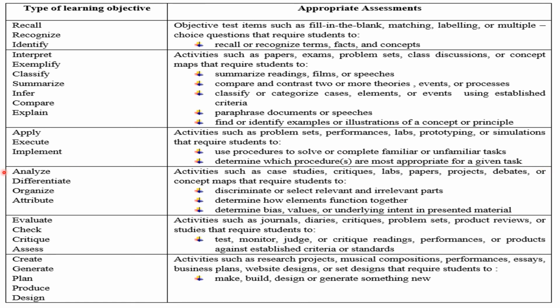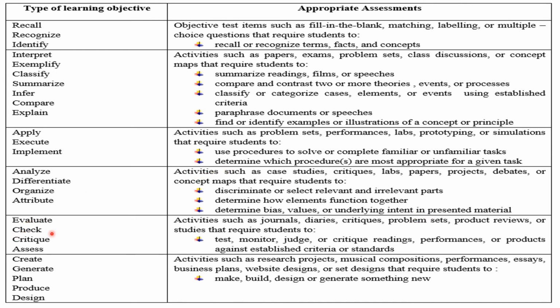Next, we have also analyze. In analyze, we discriminate or select relevant or irrelevant parts, determine how elements function together, determine bias, values, or underlying intent in presented material, and so on.